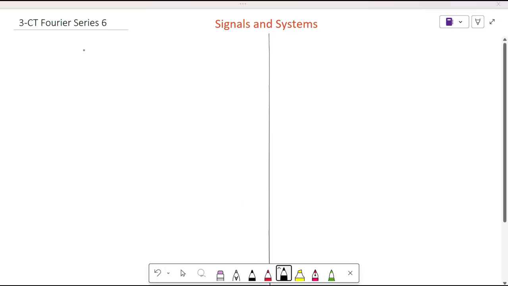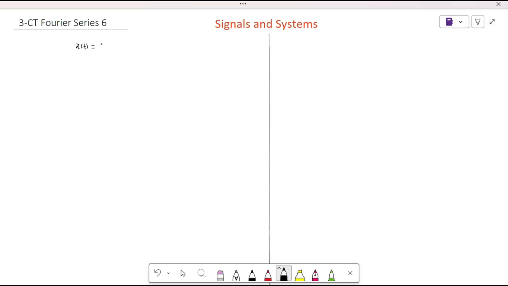See, this is a Fourier series, related to continuous time. So this x of t is a periodic signal. So it can be written in terms of the complex exponential. Any periodic signal can be written in terms of the complex exponential.